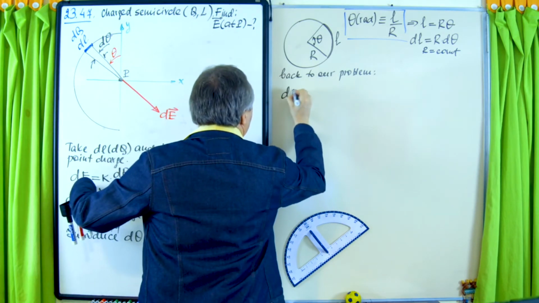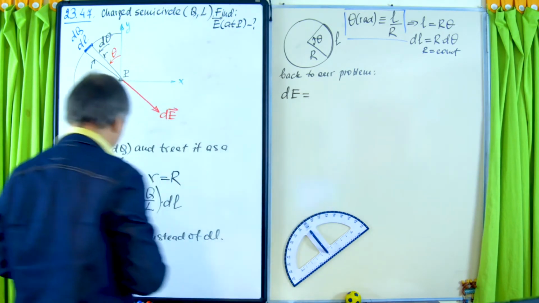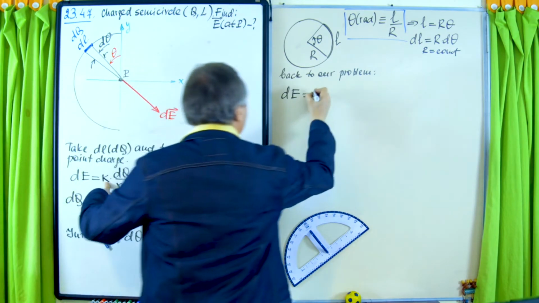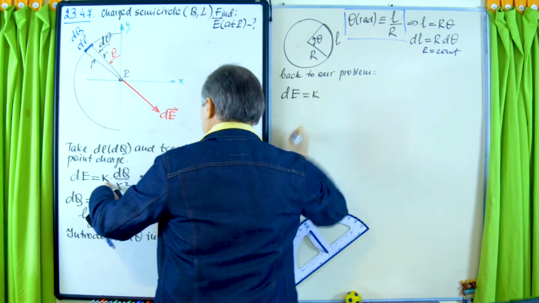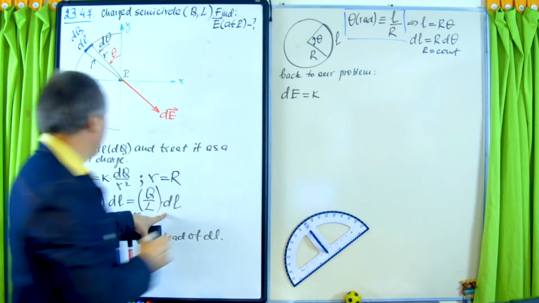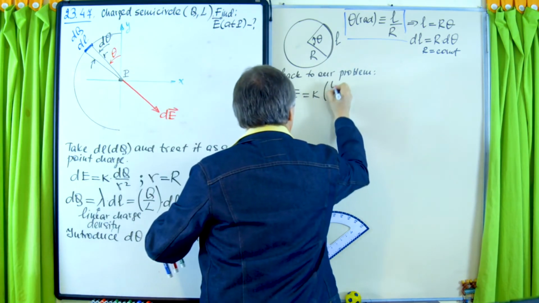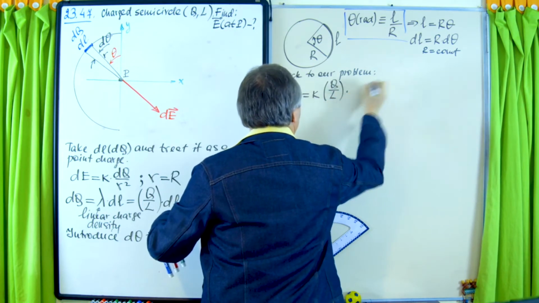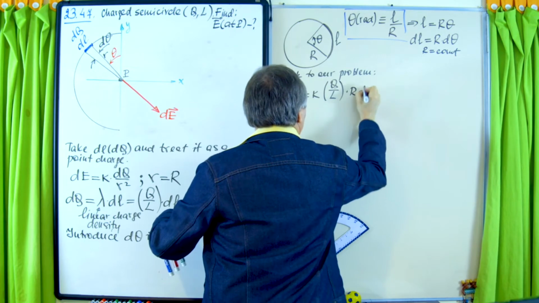So dE equals k dq over r squared, where dq is q over L times dl.